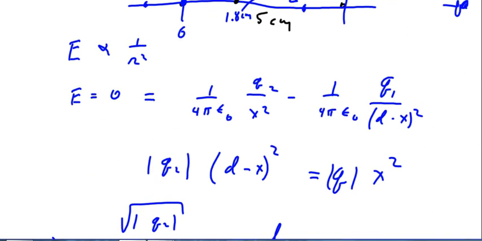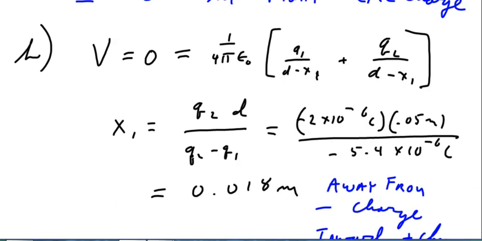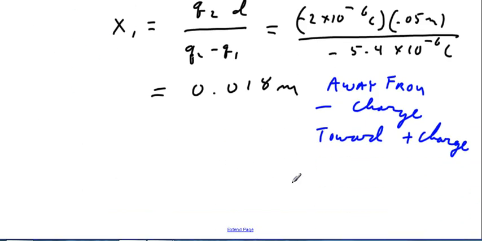Okay, and the next point, because of the way I've drawn the picture, is going to be out this way, x2. So I'll solve it again, and this time instead of subtracting, I'm going to add the charges.